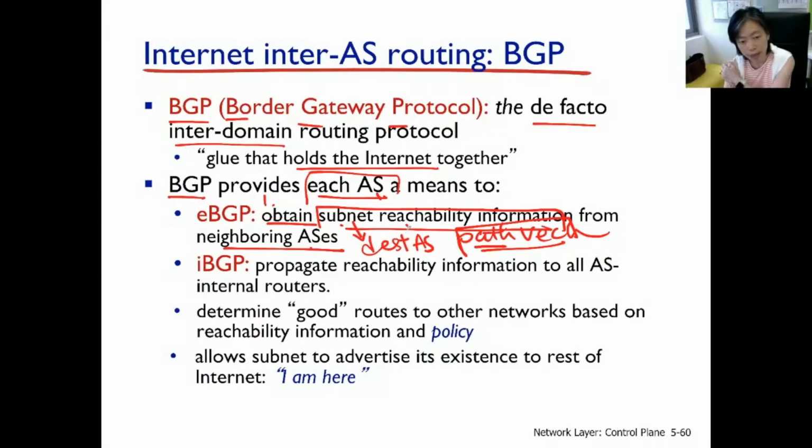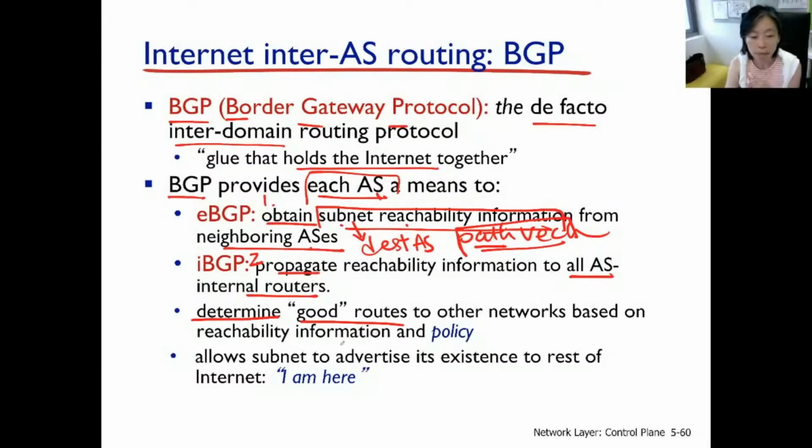Second step, the gateway router receiving such a path vector will then propagate it to all the internal routers, including those routers that are gateway routers to other neighboring ASs. As a result, each of these routers within the AS can calculate what is the best path for a particular destination AS.